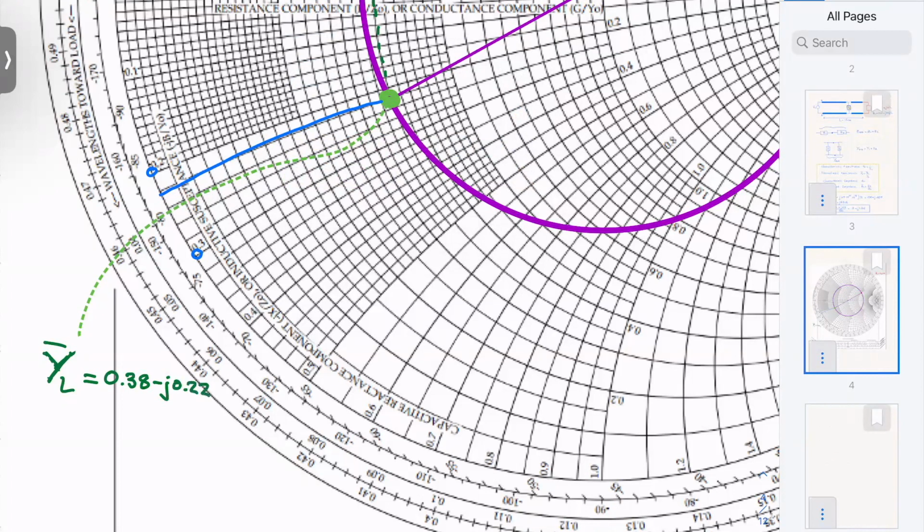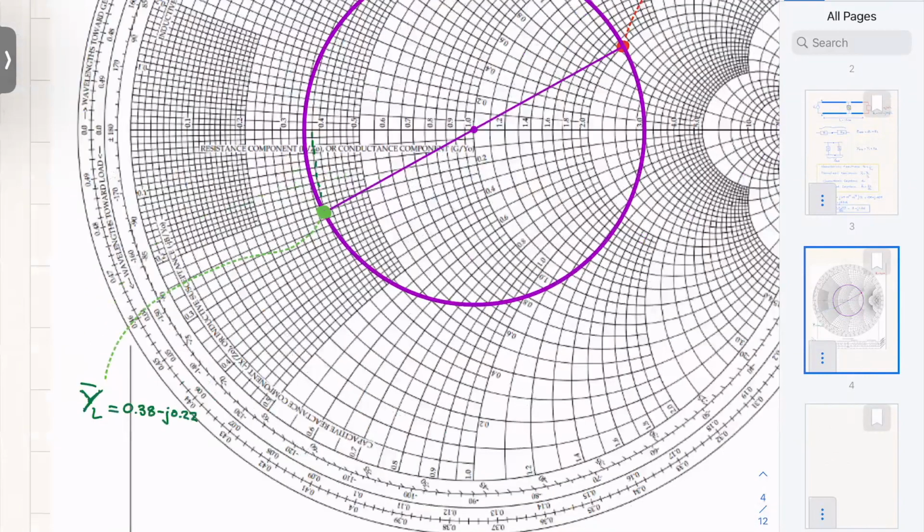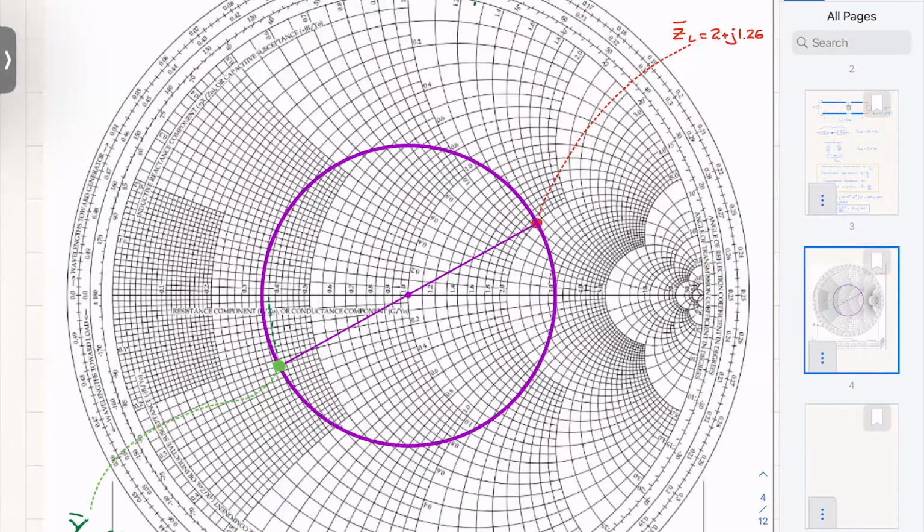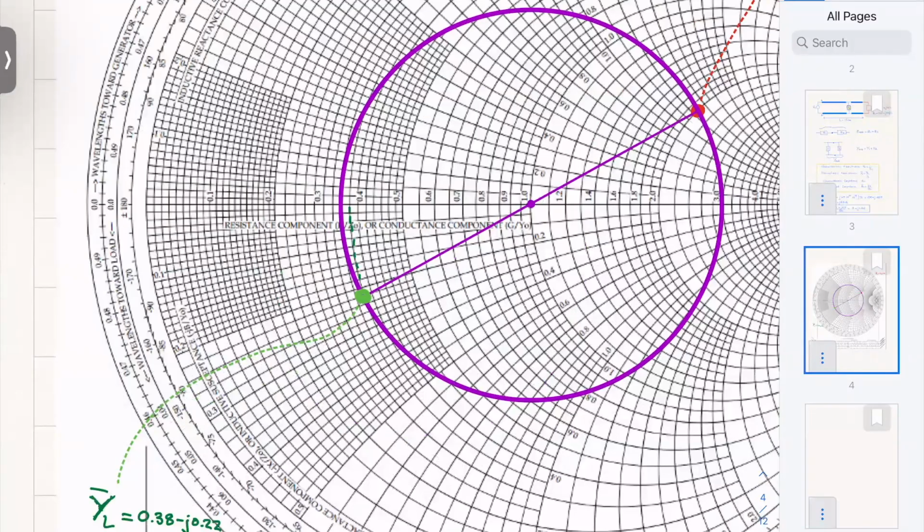0.22. Now, if you had a calculator that does easily the inverse of a complex number, then you will find out that if you take your normalized Z L and you invert it, you're gonna find Y L. But we did it using the Smith chart.